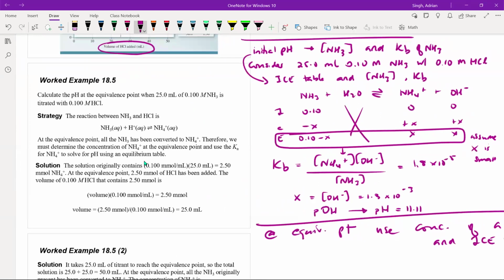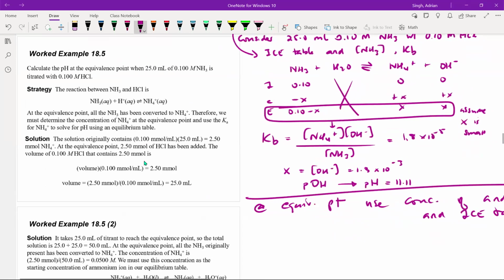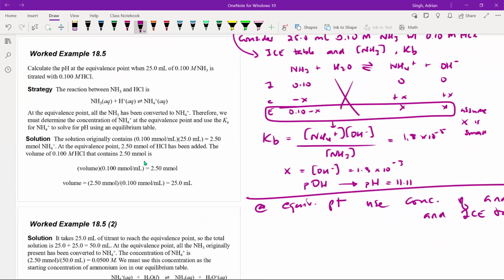All right, so we have 25 mL of 0.1 molar NH3 titrating against 0.1 molar of the HCl solution.